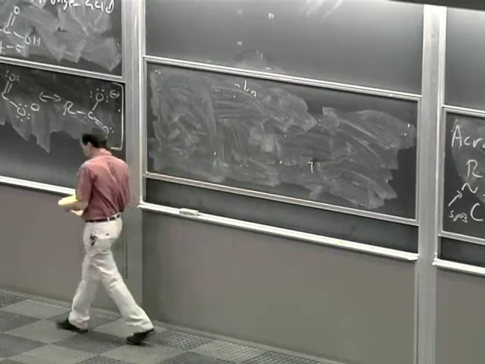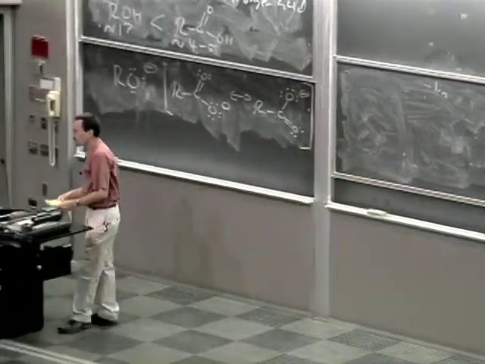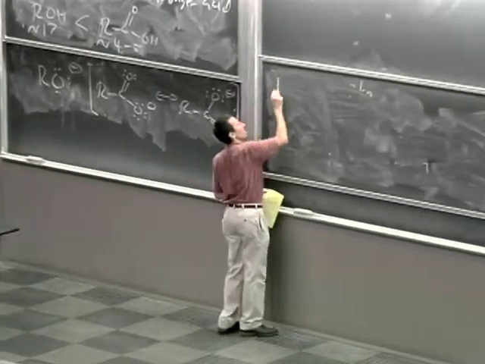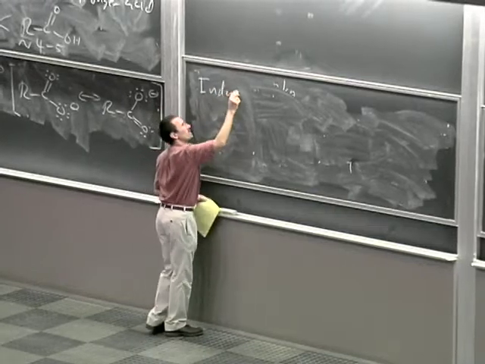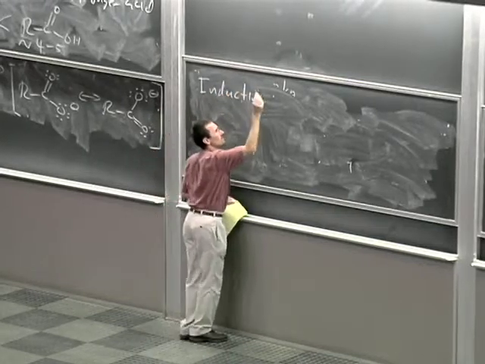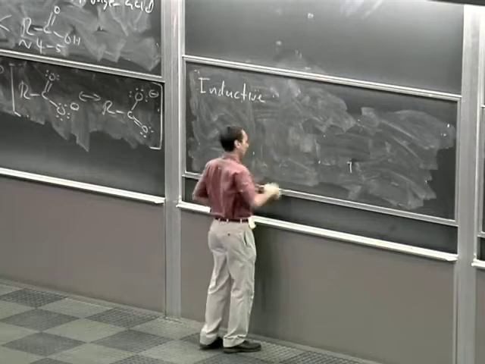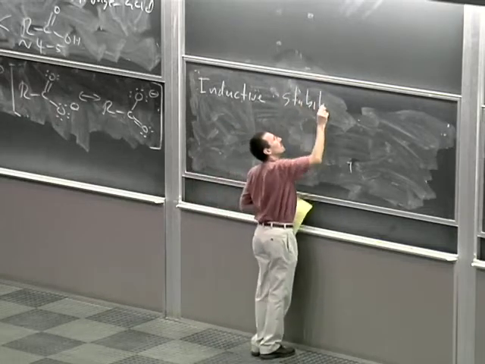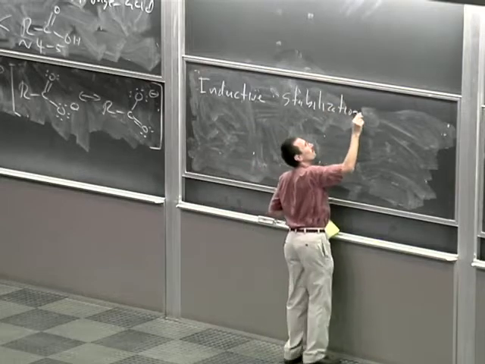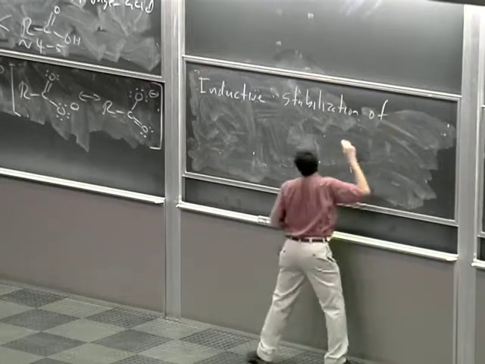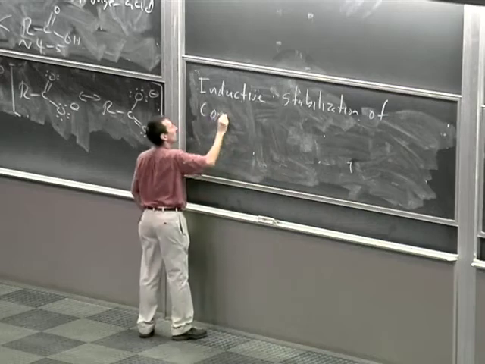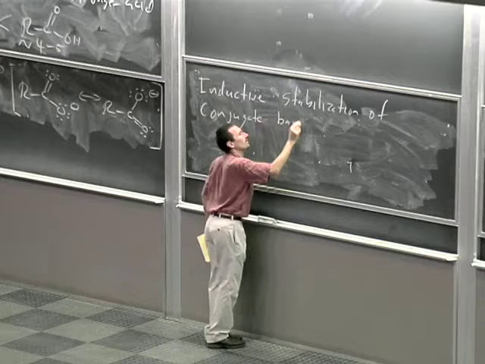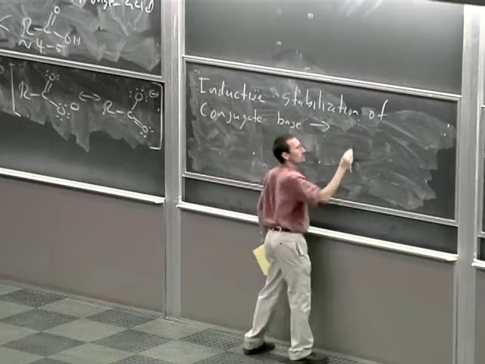All right, let's just take a look at some trends where I wouldn't expect you to know the details of the numbers, but just the principles. Inductive stabilization of the conjugate base leads to a stronger acid.